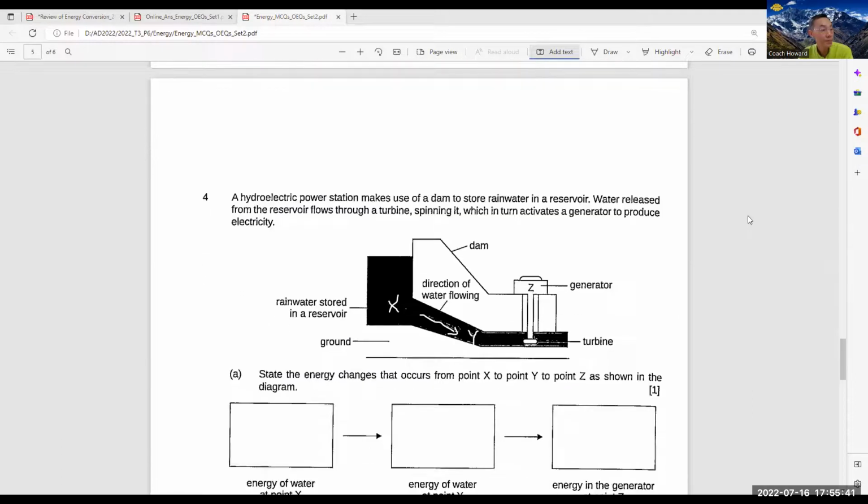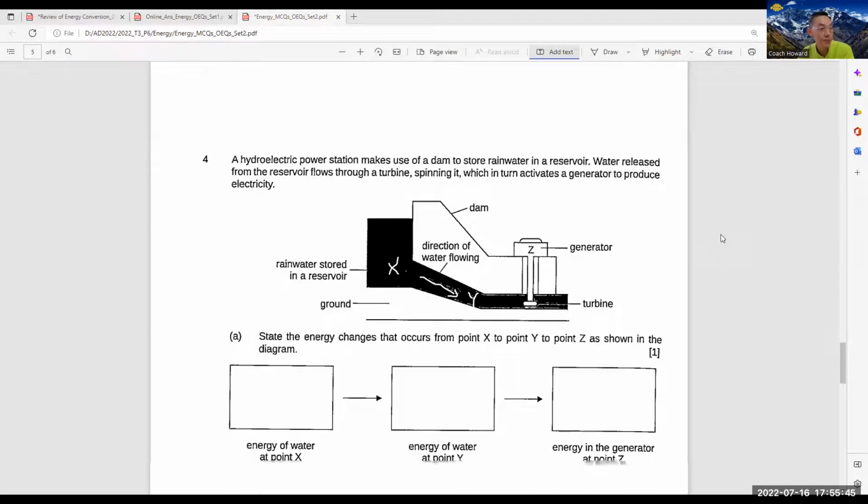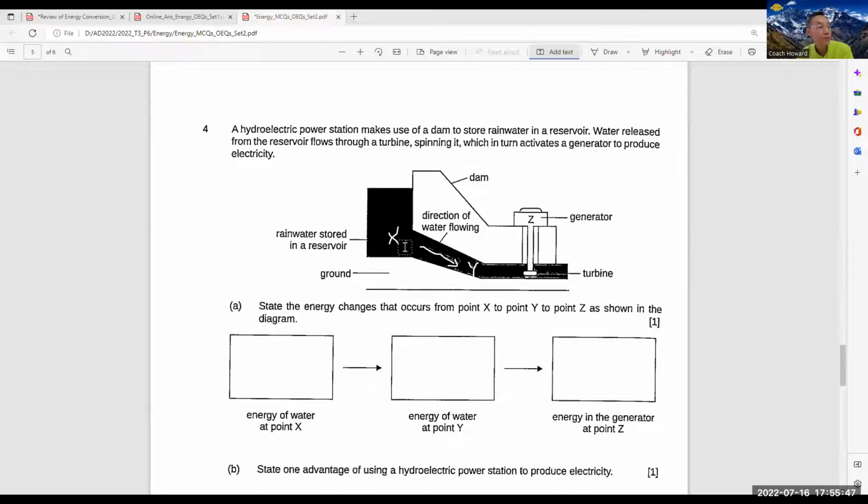Okay, this is a hydroelectric power station. You can visit YouTube and key in hydroelectric power generation. If you print out your worksheet, you may not be able to see the X and Y, so I highlighted here, I put in a white X here. The energy at point X is very simple because it's at a height, right?